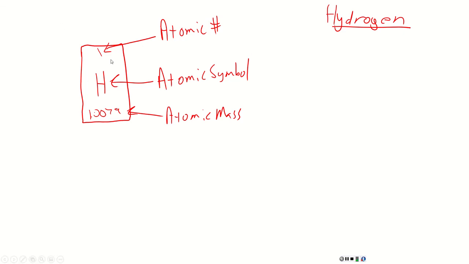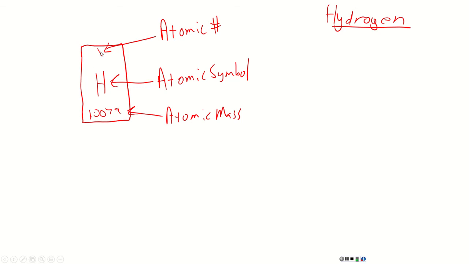All right, at the top is the atomic number. Now, the atomic number tells us 2 things. One, the atomic number is just the order that we put these on the periodic table. It's for organization purposes.